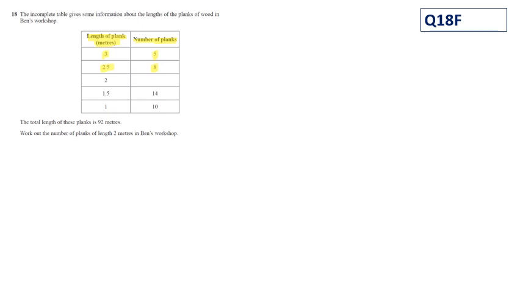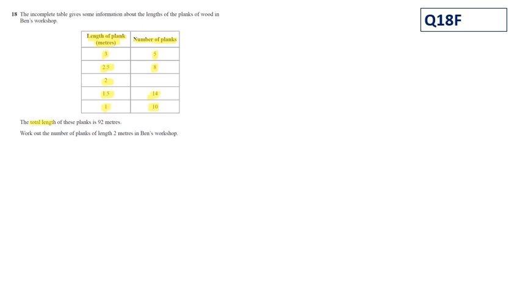I don't know how many planks are 2 meters long. I have 14 planks that are 1.5 meters long and 10 planks that are 1 meter long. The total length of these planks is 92 meters. Work out the number of planks of length 2 meters in Ben's workshop.